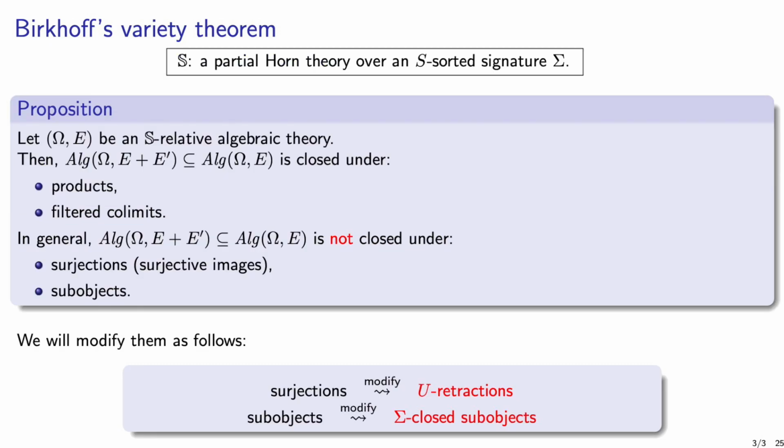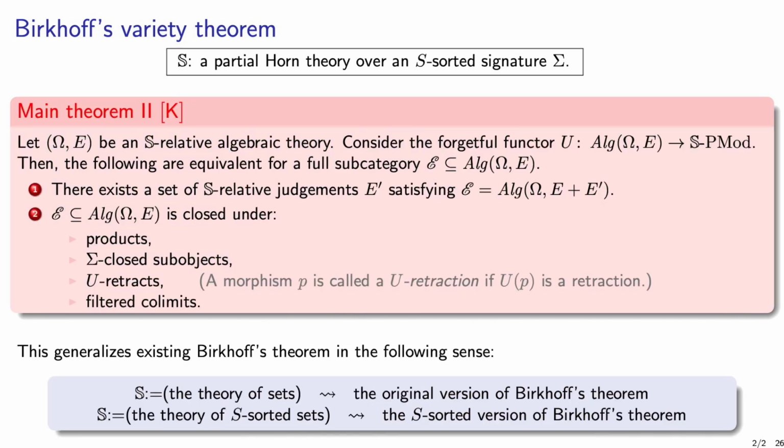In the case of relative algebraic theories, a full subcategory defined by relative judgments is closed under products and filtered colimits. On the other hand, it is not closed under surjective images nor sub-objects in general. So we will modify them in this way. We will modify surjections to U-attractions and sub-objects to sigma-closed sub-objects. Then we obtain a generalization of Birkhoff theorem to relative algebraic theory.